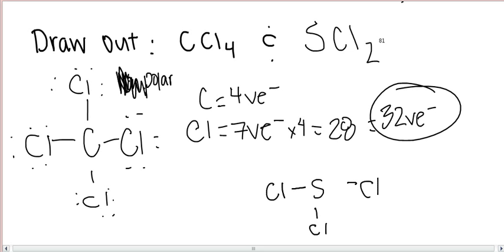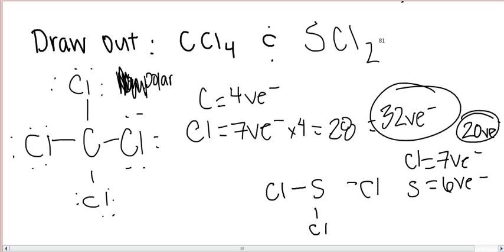Now if we draw SCl2, we know that Cl has 7 valence electrons and S has 6 valence electrons, which would give us a total of 20 valence electrons.